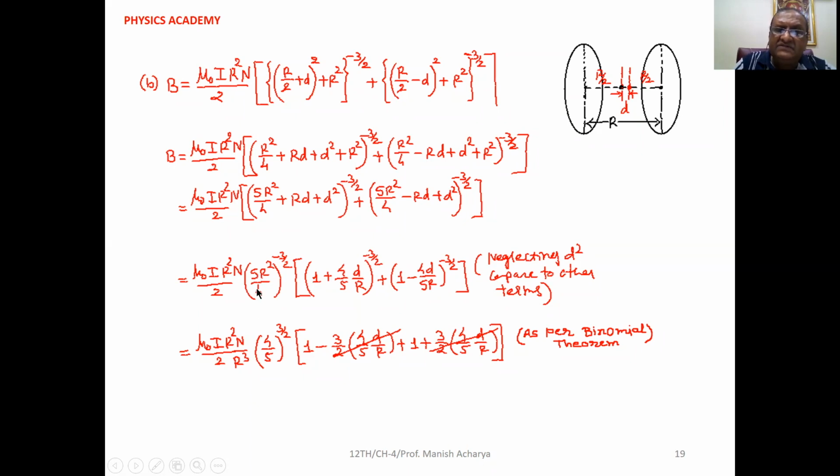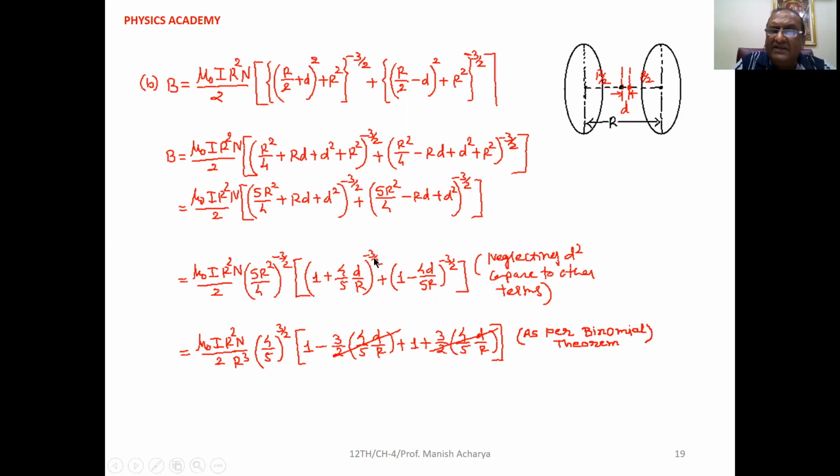And this 5/4 raised to minus 3/2, you can write as 4/5 raised to 3/2. Now, for these bracketed terms, you can use the binomial theorem for simplification.